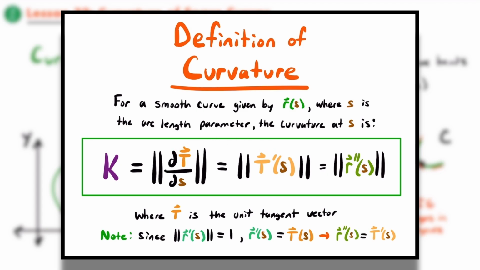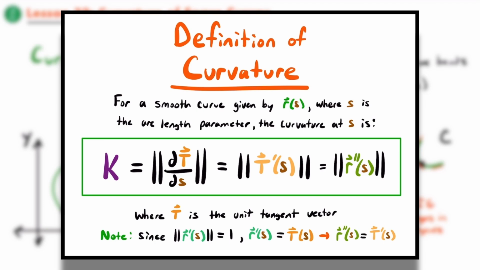Okay, and as you can see here, since T is a vector, we could also represent dT/ds with a vector. It is T prime of s, and we are taking the magnitude of that vector because curvature is a scalar value, right? We want a specific number for the curvature. We're not interested in a vector, all right? We want to know a specific value for curvature at a point along a curve.